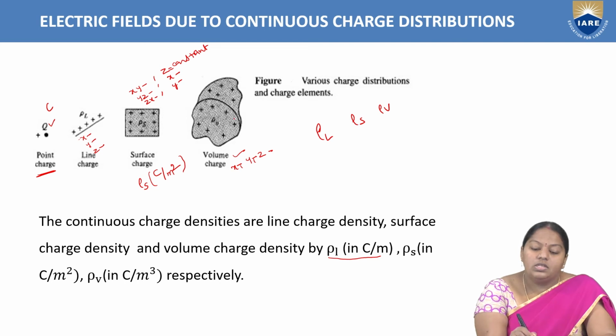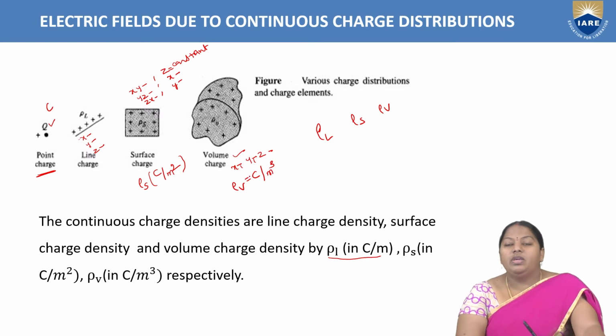Hence, if you close that open surface, it becomes a volume. Volume charge means three directions, hence per meter cube, and charge is measured in coulomb per meter cube. The notation for it is rho v.